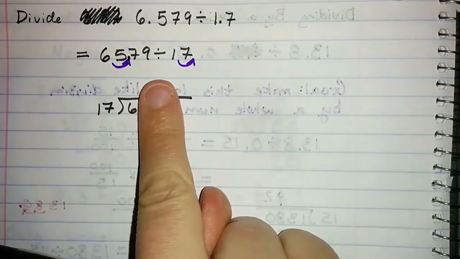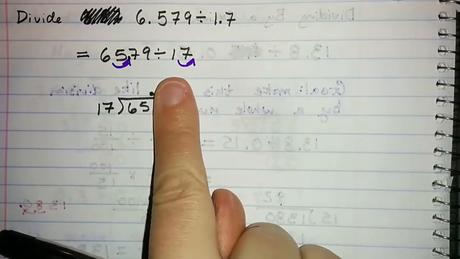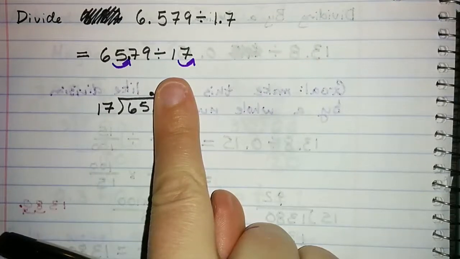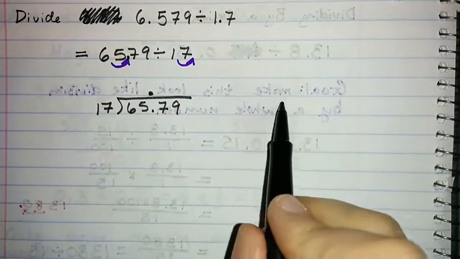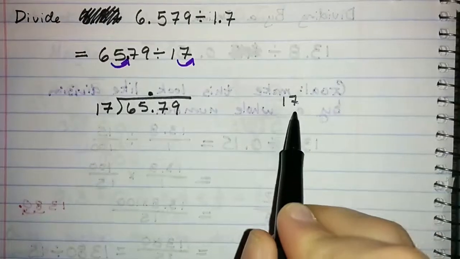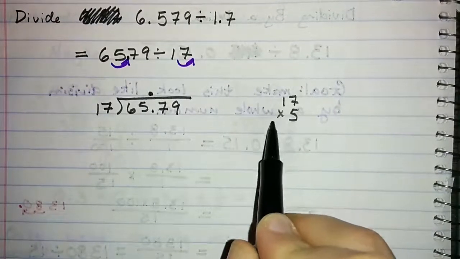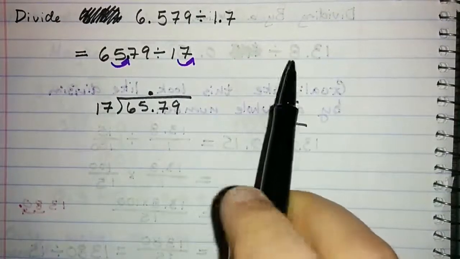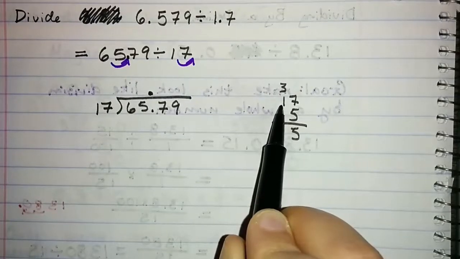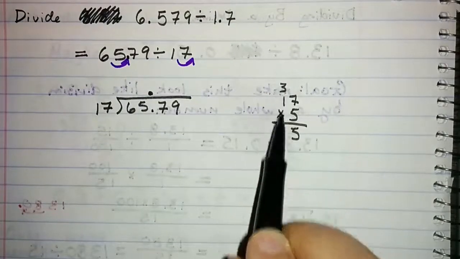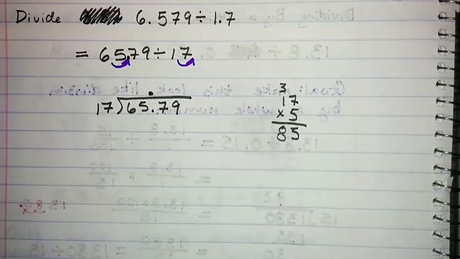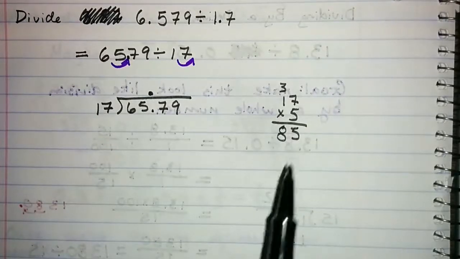17 goes into 6, not at all. 17 goes into 65 at least once. I think maybe it goes in 5 times. Let's see. 17 times 5. 5 times 7 is 35. 5 times 1 is 5, plus 3 is 8. No. Unfortunately, 5 was too big.